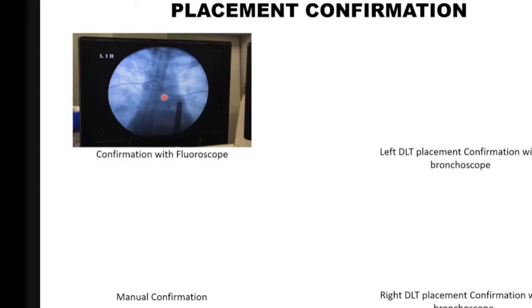In step two, we close with a tracheal lumen. Closing the tracheal lumen, we put the blocker in the lumen, then open the vent, and again here we see this is the left sided tube, so we can auscultate the air leak.